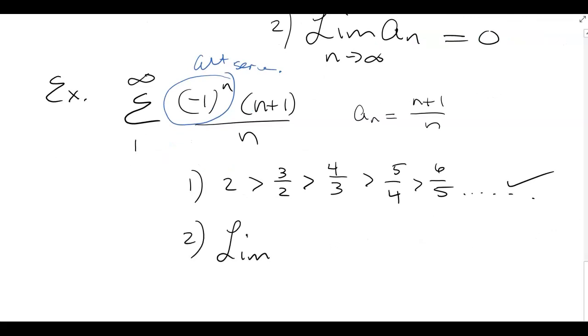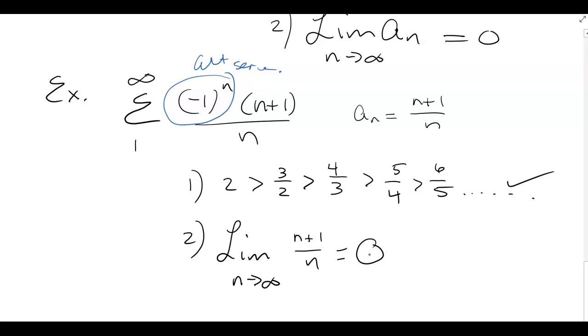Now let's take the limit of just the a sub n part, (n plus 1) over n. So notice, in this case, it equals 0. No, doesn't equal 0.